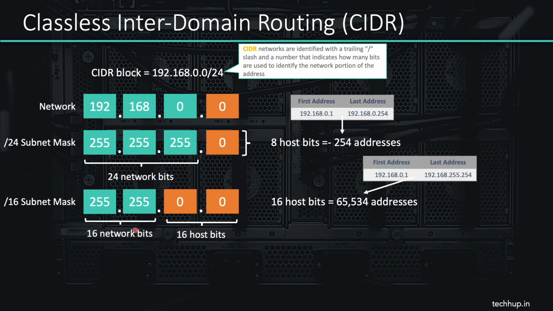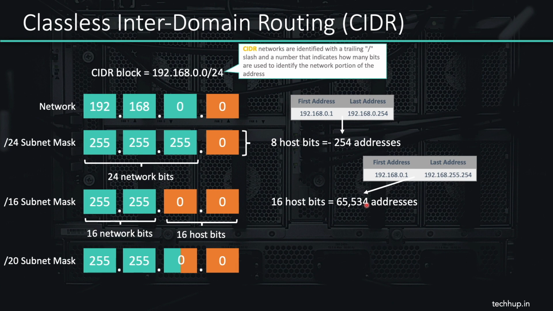And the first IP in that range would be 0.1, and the last IP address in this range would be 255.254.